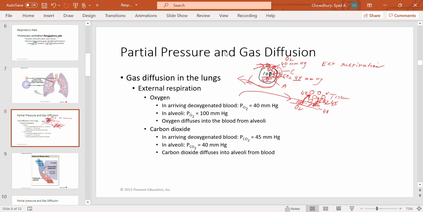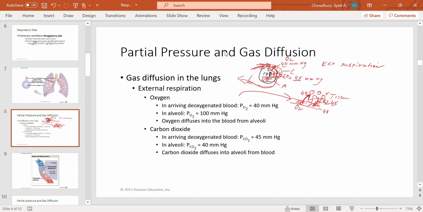So remember, blood goes to the lung to get the oxygen. So blood will receive the oxygen, and blood goes to the body or tissue to give the oxygen. Make sense? And carbon dioxide always moves in the opposite direction. Okay. Now the question is, here you see 60 millimeter pressure difference of O2 moves the oxygen, right?